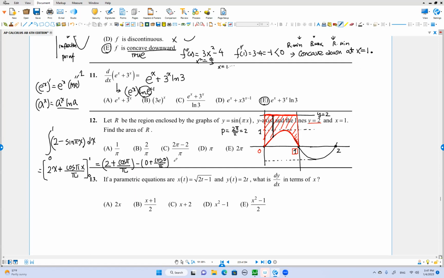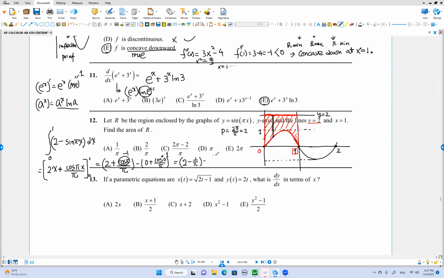Now cosine pi, we know that is negative 1, right? So 2 plus negative 1 over pi. That's the first one. Second one is 0 minus cosine 0, which is 1, so 1 over pi.